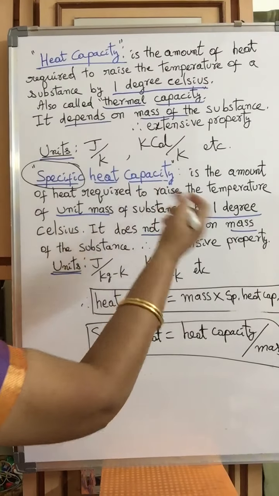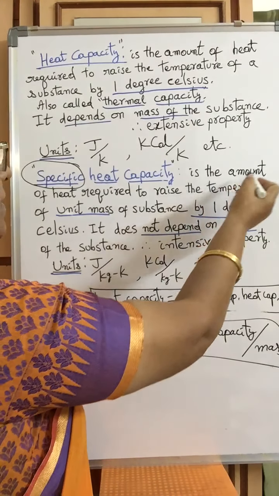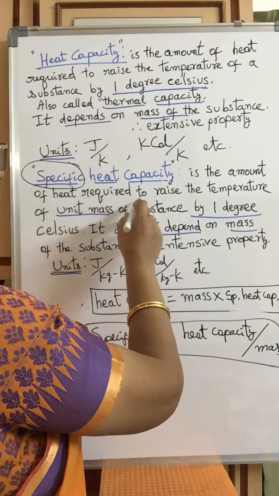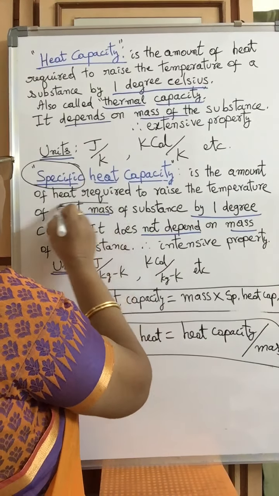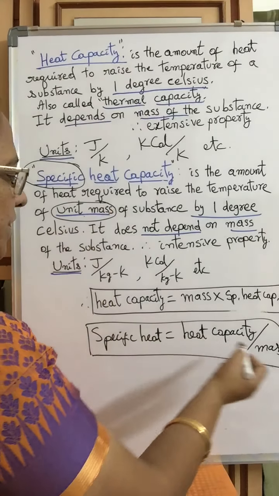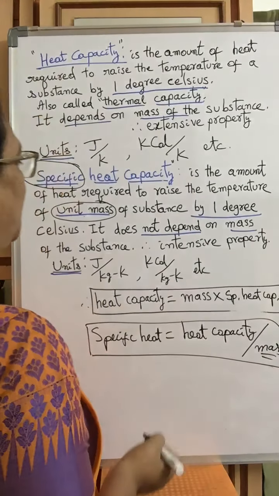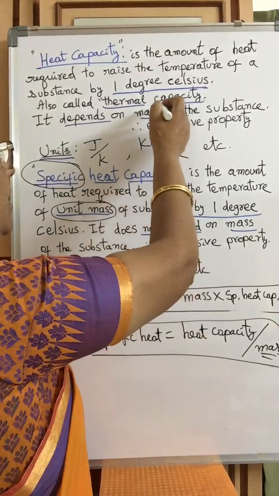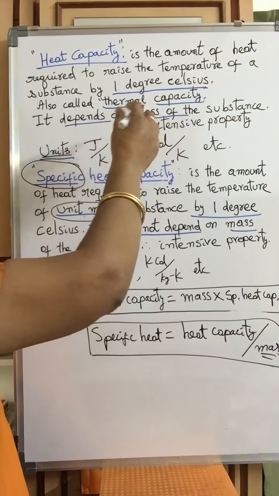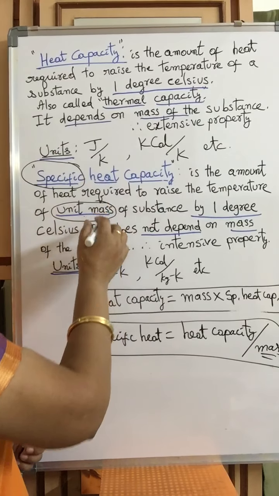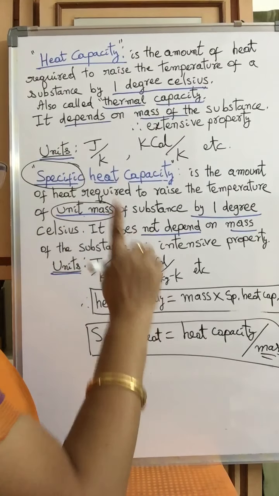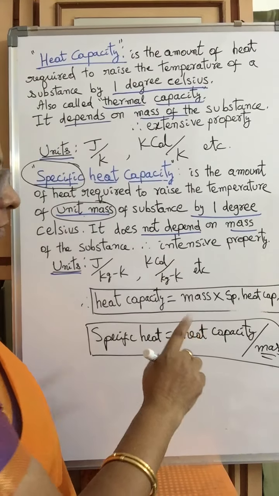So in the definition, it is the amount of heat required to raise the temperature of unit mass. This is important: to raise the temperature of unit mass of the substance. Here we are not saying unit mass, the whole amount, in heat capacity. Specific heat capacity is only unit mass, say 1 kg or 1 gram, like that.